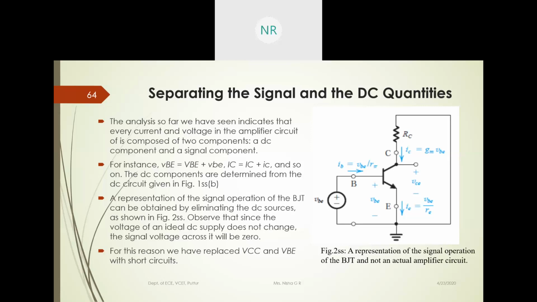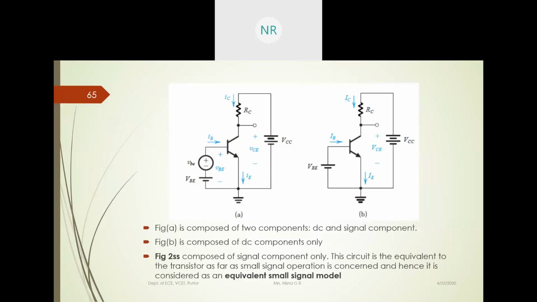Constant voltages are represented by a short circuit. We have replaced VCC and VBB with a short circuit because an ideal DC supply does not change the signal voltage across it, which will be 0. That is why the VCC and VBE bias voltages are replaced by short circuits.